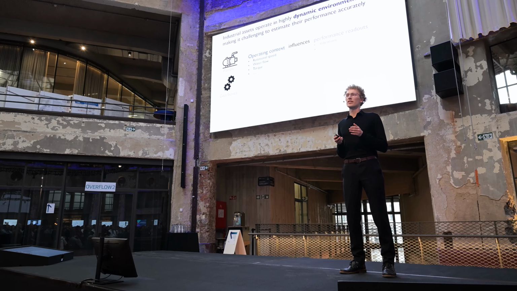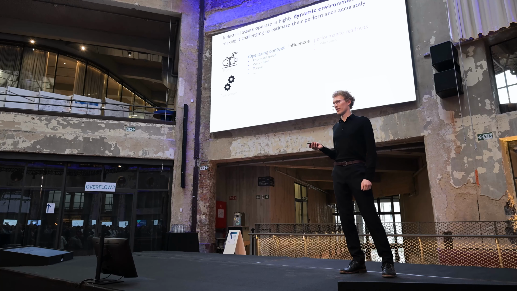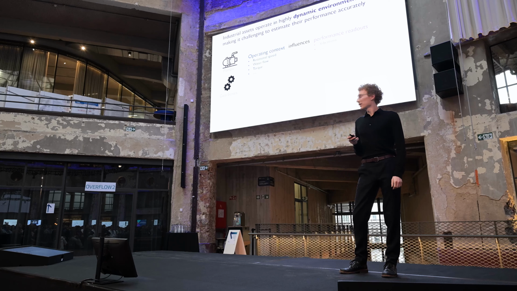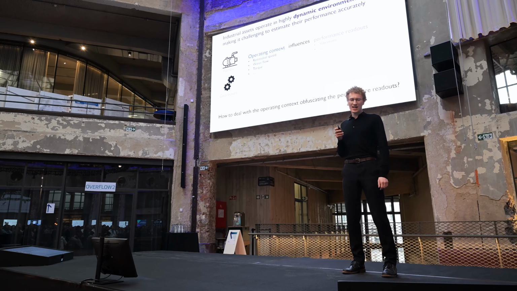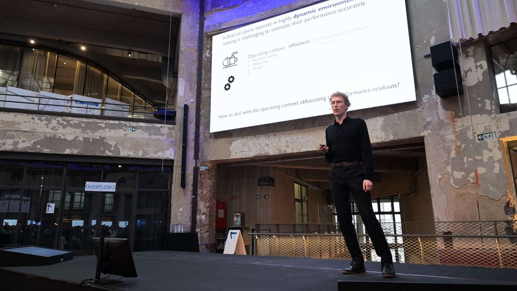For instance, in the example of feedwater pumps, it could be the rotational speed, or the water flow that impacts the vibrations. However, that's not a sign for potential failure. By the way, this also holds for other industrial assets like gearboxes, which I also looked at in my research. So the key question is now how to deal with the operating context obfuscating the performance readouts.